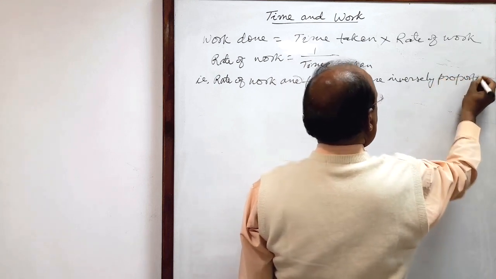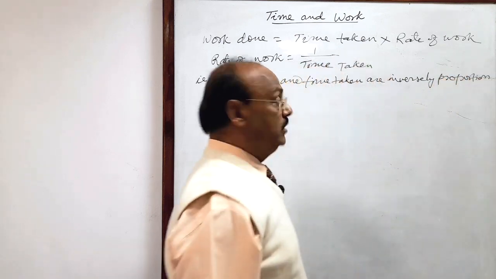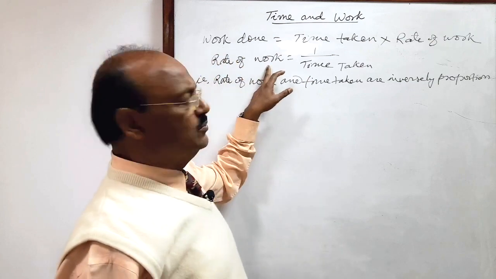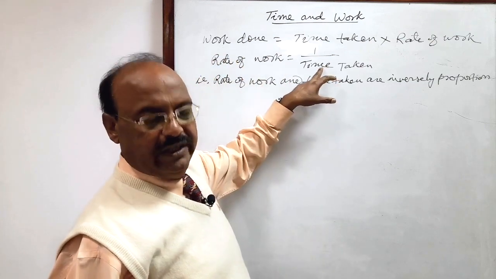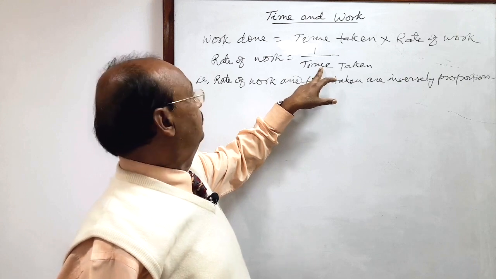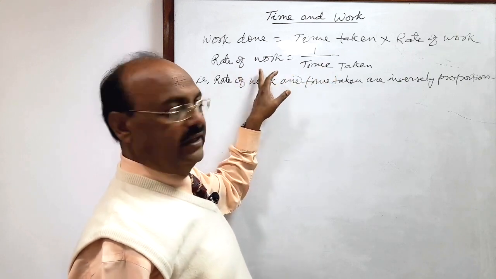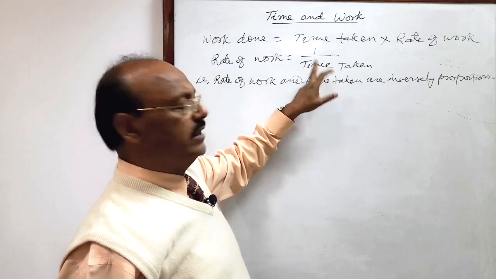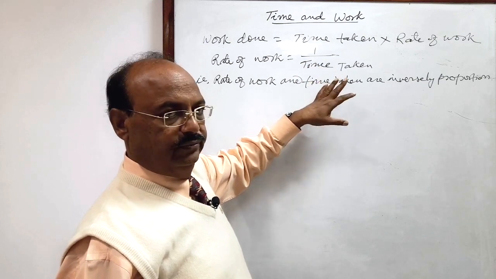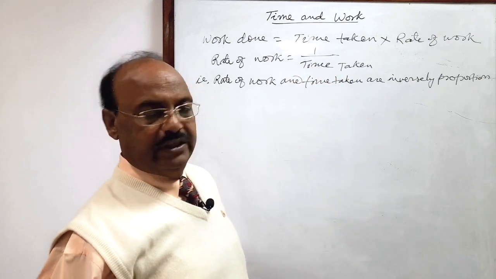What is the meaning of inversely proportional? It means if rate of work is more, time taken will be less. And if rate of work is less, time required will be more. Correct? That is known as inversely proportional.